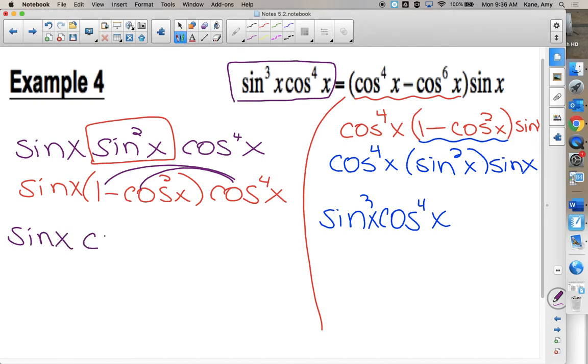Cosine to the 4th times 1 is cosine to the 4th, and then minus cosine to the 6th. So you're allowed to separate powers. You can split a power up. I think we did that last Thursday too.